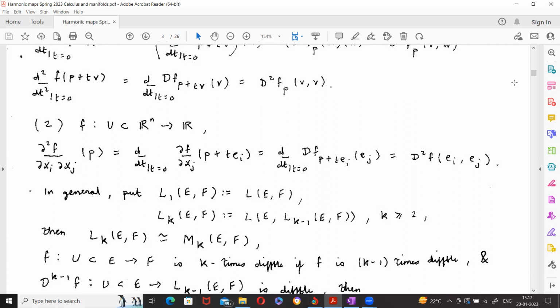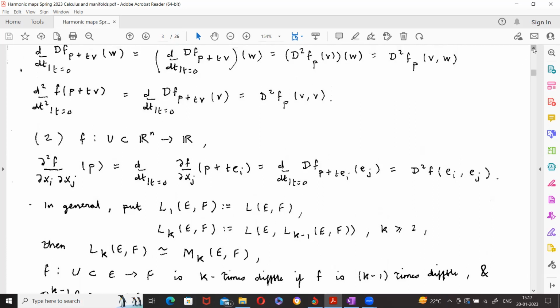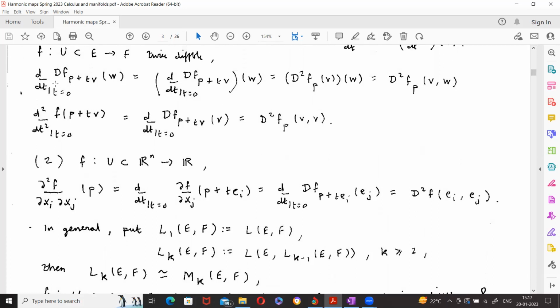We did this calculation just above here, right? d/dt at t equal to 0 of df of p plus tv applied to w is d squared f at p applied to v comma w. So here I'm just substituting v equal to ei and w equal to ej.